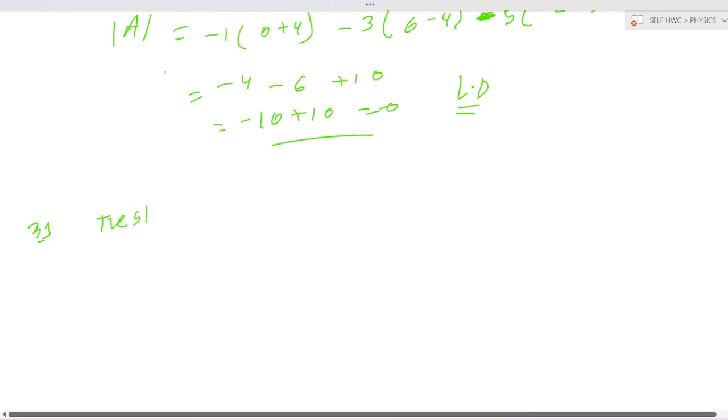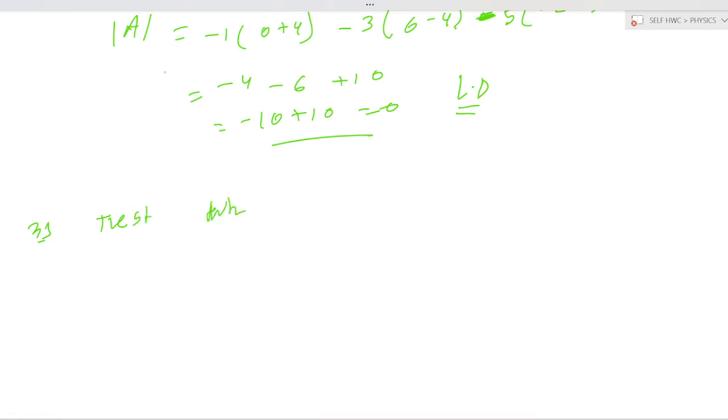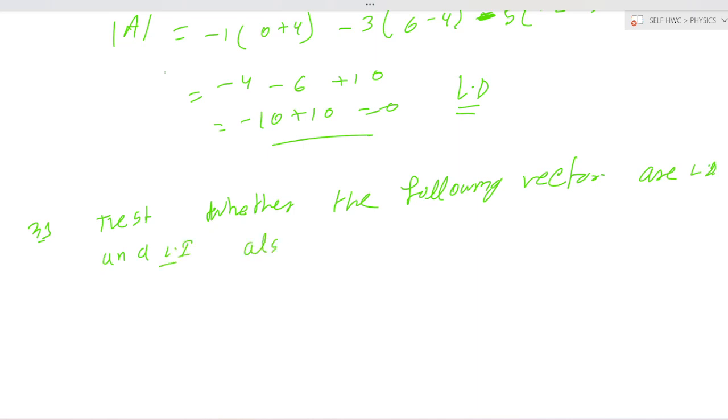Test whether the following vectors are linearly dependent or linearly independent, and also find the dimension and basis.